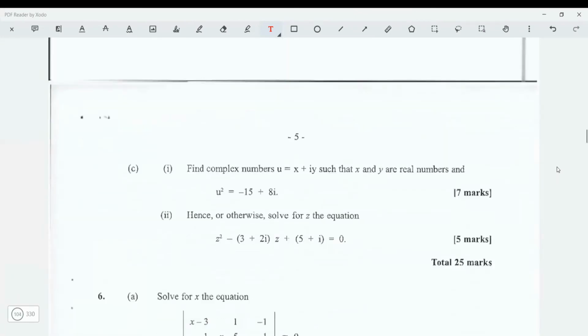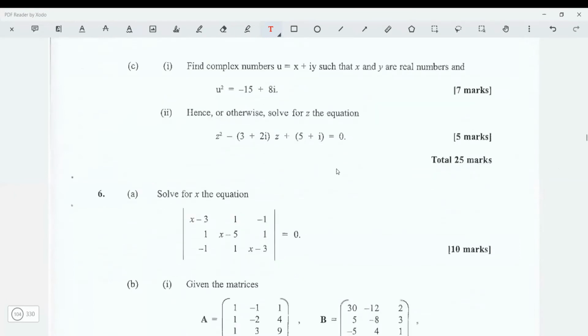The next part now of section 3, by the way, is complex numbers. Before 2012, complex numbers used to be in module 3. That's why they are here. So find the complex number u such that u squared is negative 15 plus 8i, and u is x plus iy.